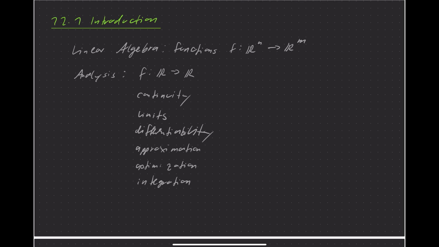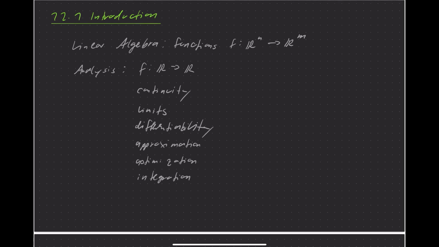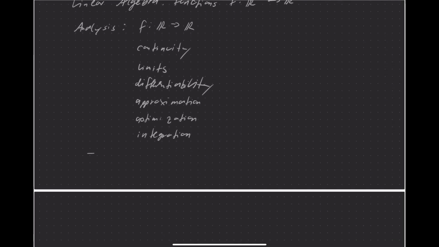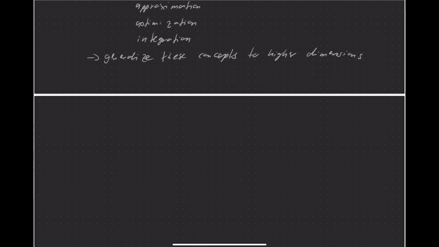The aim of this chapter and the following ones is to generalize these concepts to higher dimensions. So, in general, we want to be able to accept multiple inputs, not just one real number, but multiple real numbers. And we also want to be able to deal with multiple outputs.